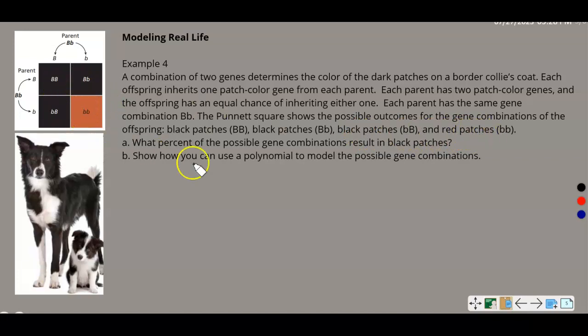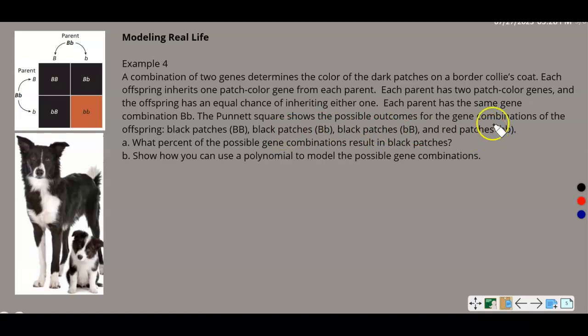So here you go. What percent of the possible gene combinations result in black patches? All right, so let's look at part A first. What percent of possible gene combinations results in black patches? So 1, 2, 3 out of 4.